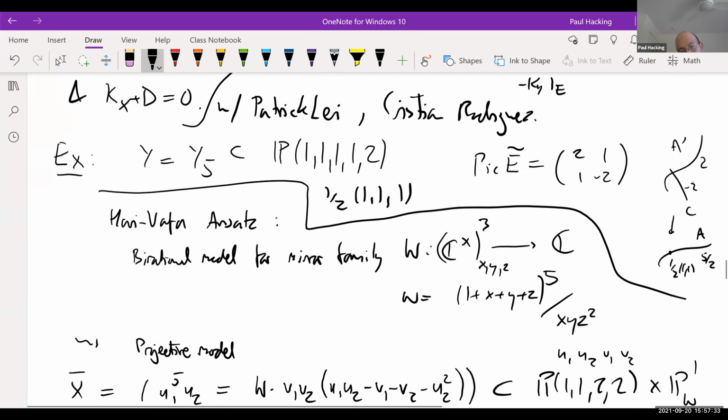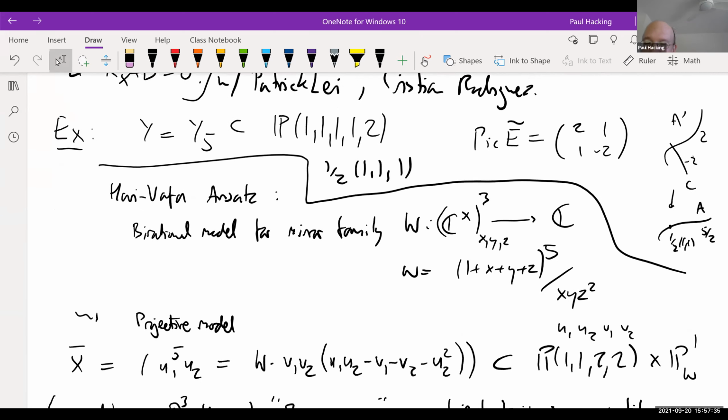So a birational model for the mirror family is given by this function. This is the usual Landau-Ginzburg potential in the classical mirror symmetry on an algebraic torus given by this rational function.